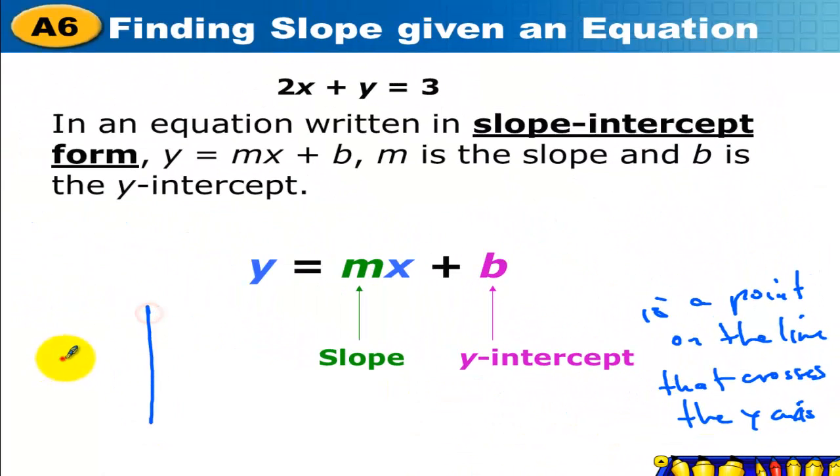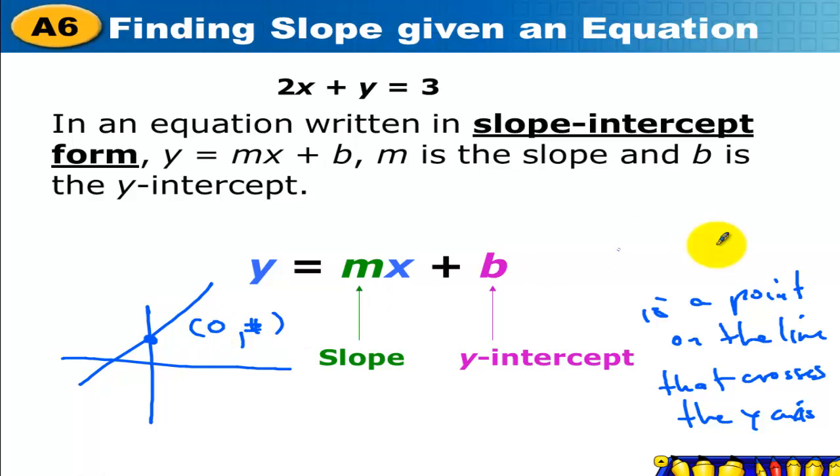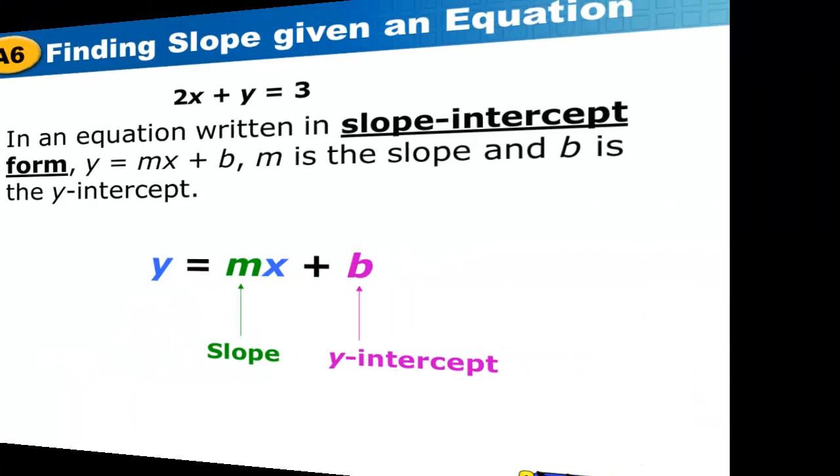So if we have the x-axis and the y-axis, and this is our line, this is our y-intercept. And in general, as a point, your y-intercept will always be 0, comma, whatever the y value is. Since the y-intercept is always on the y-axis, the x value will always be equal to 0.